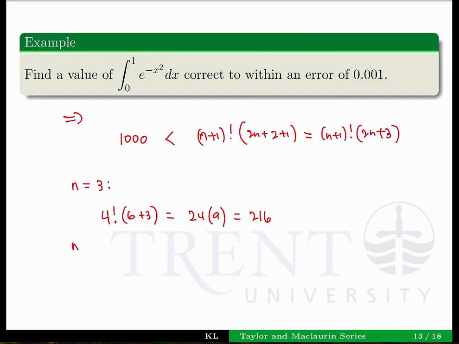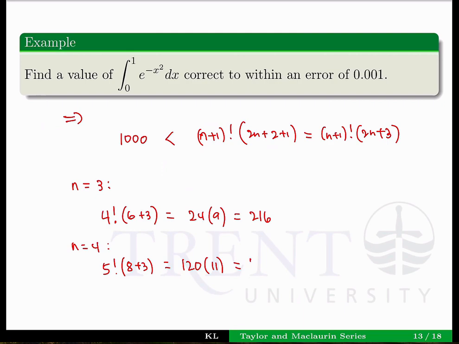With n equals 4, we have here 4 plus 1, that becomes 5 factorial, times 4 times 2, that's 8 plus 3. So this is 5 factorial times 11. 5 factorial, that's equal to 120, times 11.